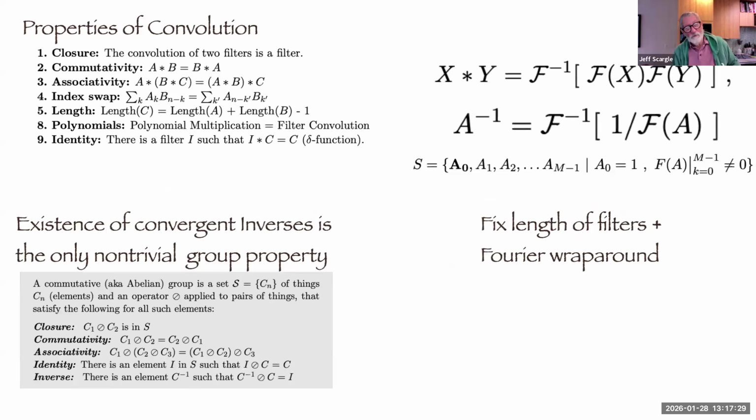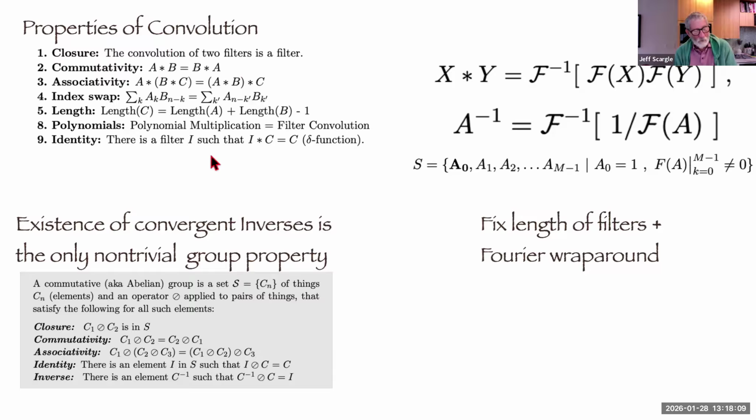Okay, now let me just quickly dispense with this. I don't know how to put it, but this is a little foray into group theory, because it's not completely straightforward to construct a convolution group that filters form. Here in the upper left are some well-known properties of convolutions, and everything is fine to make a group with the possible problem of inversion of filters.